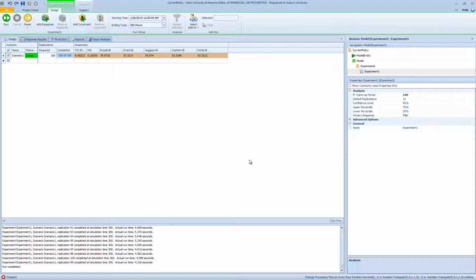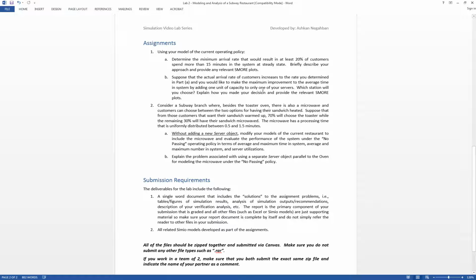For the second part of the first assignment, you are supposed to change the arrival rate to the arrival rate that you identified in part A, and you would like to improve your average time in system by adding 1 unit of capacity to only one of your servers, but you would like to make the maximum improvement possible.